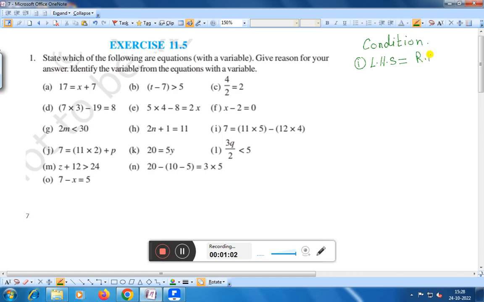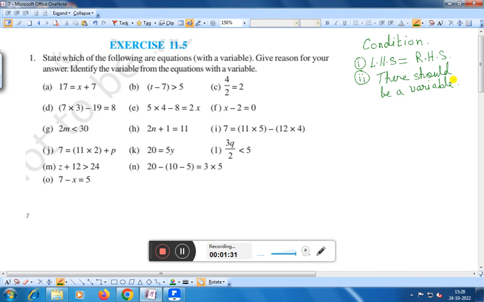This is the first condition, right? And the second condition is there should be a variable.